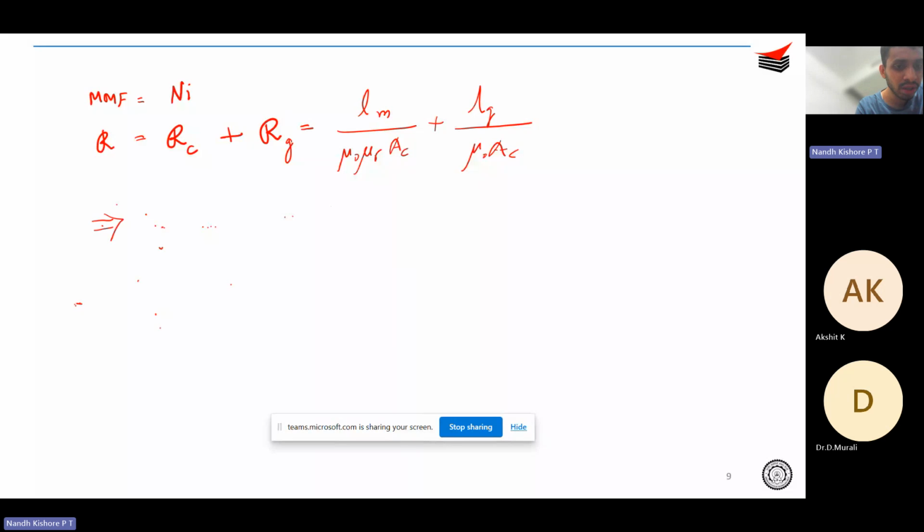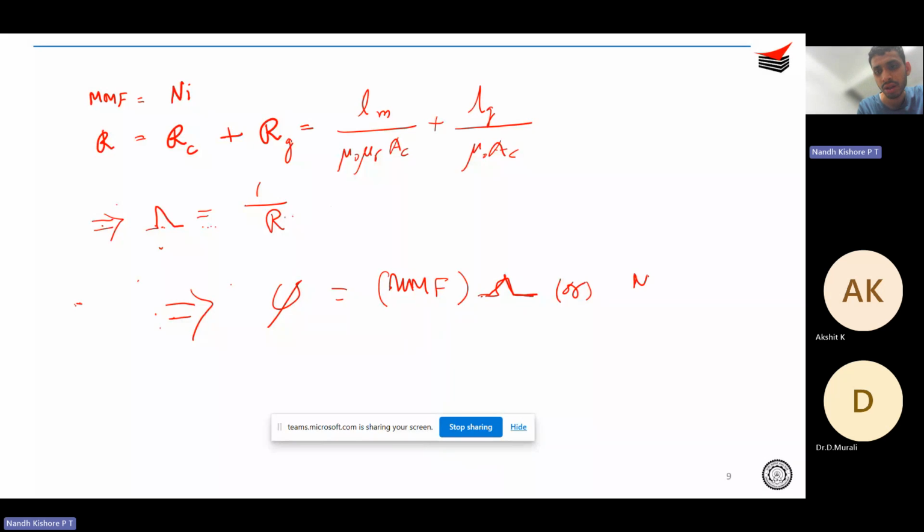From this, you determine that your permeance is basically 1 by reluctance. Now that you know the permeance, from this you calculate that phi is equal to MMF into permeance, or MMF by reluctance. So this is how you calculate.